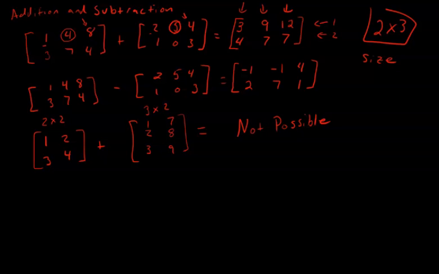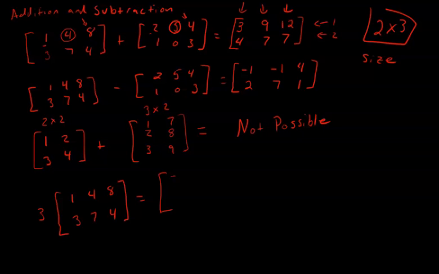Last thing is called scalar multiplication. This would be something like 3 times a matrix. Looks like I'm using the same one again, just to show that we can use all of this different stuff. And this is just to basically distribute this 3 into each of these elements.